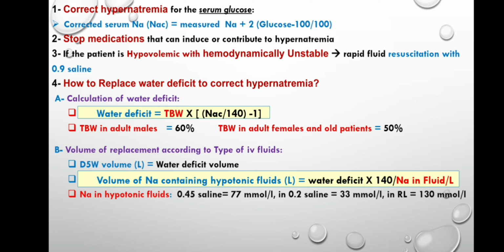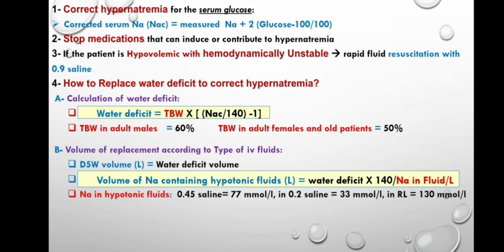You must know how much sodium is in every liter of this fluid. And I give you an example. Sodium in hypotonic fluid, for example, in half normal saline, is 77 millimole per liter. In quarter saline, it is 33 millimole per liter, and in Ringer lactate, it is 130 millimole per liter.